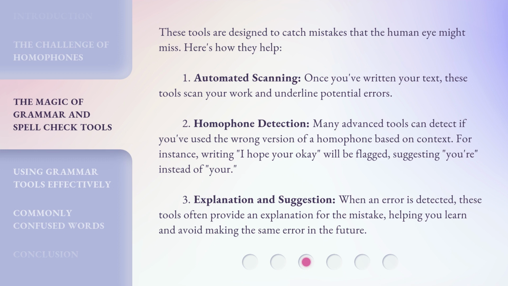For instance, writing, "I hope your okay," will be flagged, suggesting "you're" instead of "your." 3. Explanation and suggestion. When an error is detected, these tools often provide an explanation for the mistake, helping you learn and avoid making the same error in the future.